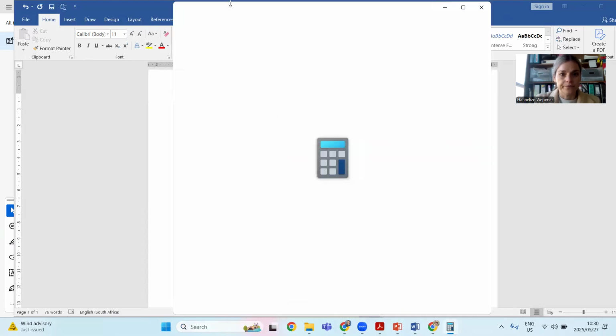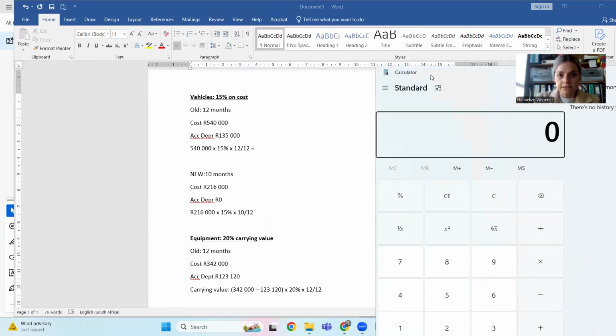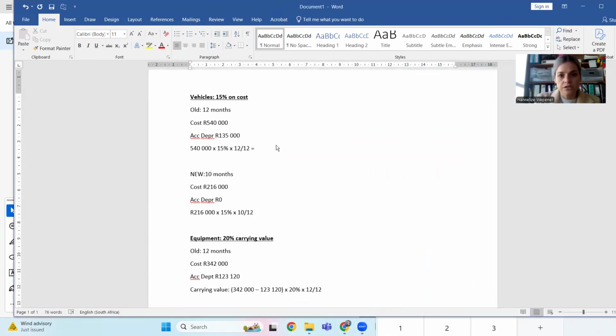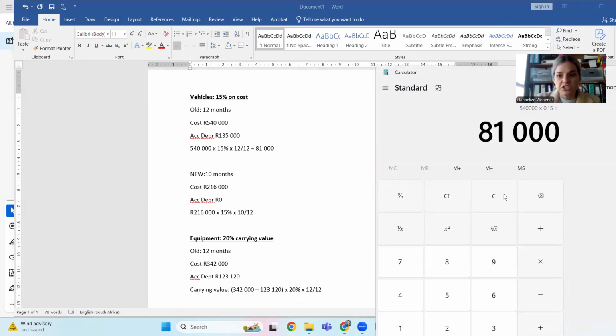There we go. So the old ones, 540, times 15% for the full financial year, so 81,000 Rand. Then at this point, you must just double check that if you now add your accumulated depreciation, it must be at least 1 Rand less than the cost, because you're only allowed to write off an asset until it has a carrying value of 1 Rand.